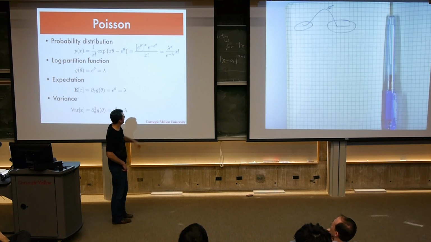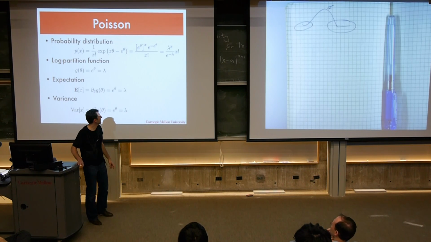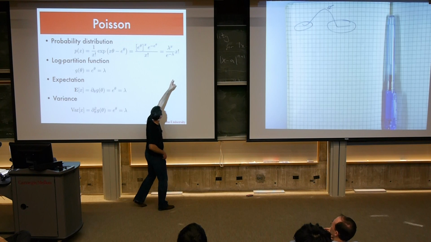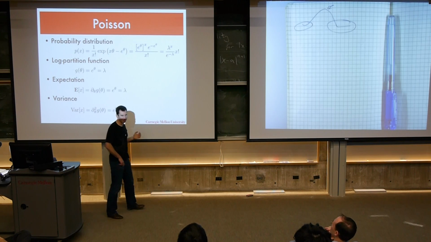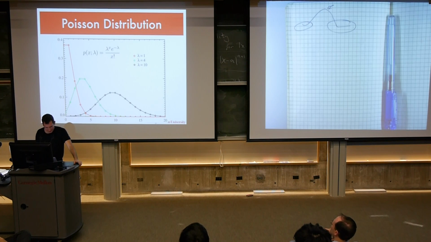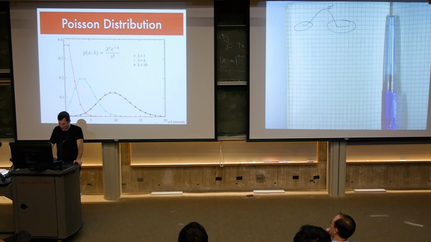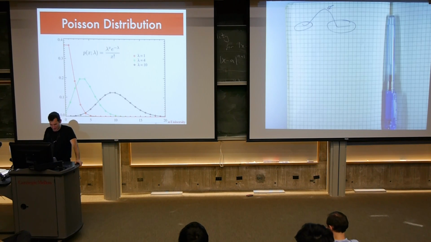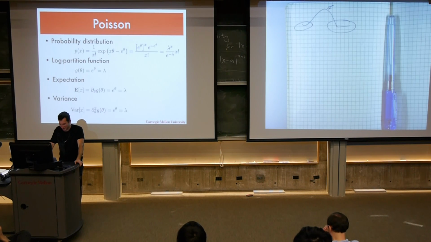Yes. It was correct here, and it got wrong there. I'm sorry. You're absolutely right. And on the previous slide, it's correct. So, please correct that. Yeah, they got flipped. I'm sorry about that. Thanks.